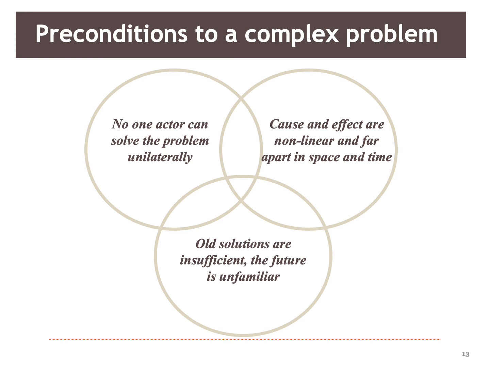And the pandemics that we've addressed in the past didn't necessarily have that specific impact. So it needs a different kind of response. So a reminder, no single actor, cause and effect are across space and time, and old solutions are insufficient. If these exist, then we need a process to address complex problems.